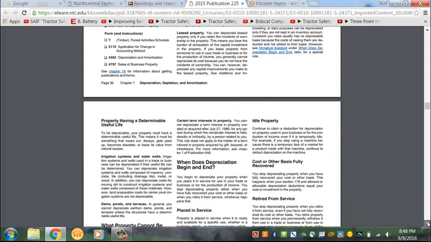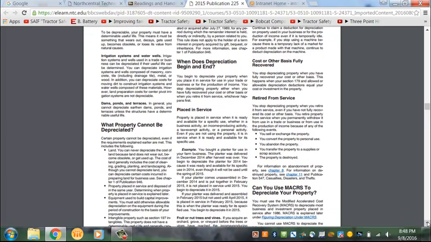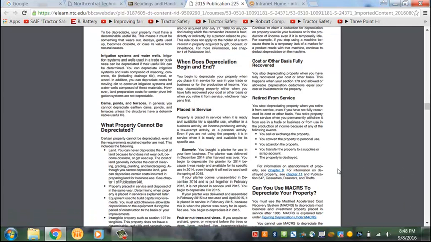In order to determine when depreciation begins and ends, we have to look at not necessarily when the asset is purchased, but when the asset is placed in service. So the asset can be purchased, say, in January, but not placed in service until June. And we have to start the depreciation in June rather than January because we did not use it until June.